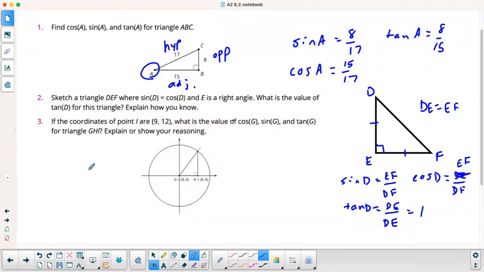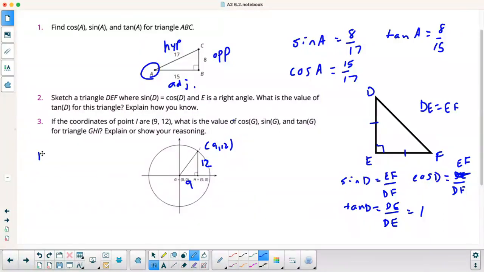All right, if the coordinates of point I are 9, 12, what is the value of cosine G, sine of G, tangent G? Okay, so if this is 9, 12, this means that this piece is vertical, so that's 12, right? Because I went up 12, went right 9, so this side's 9.